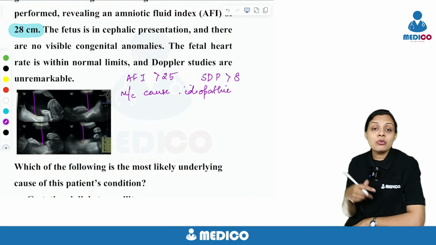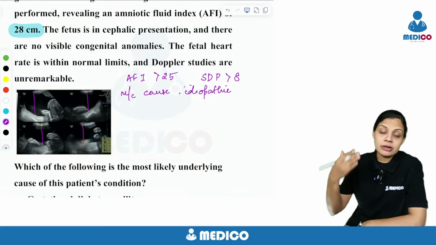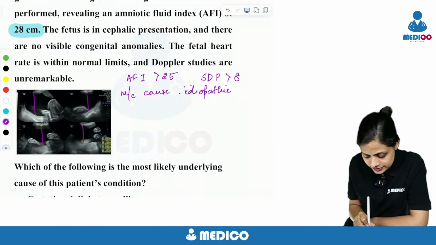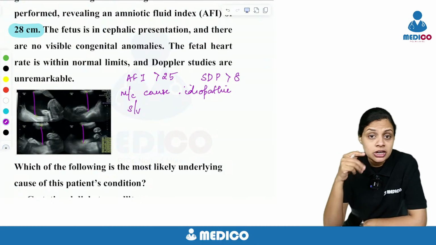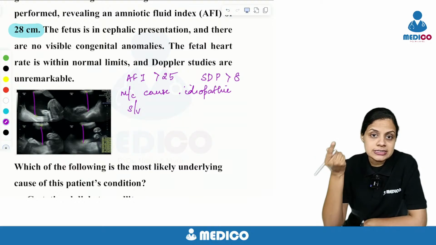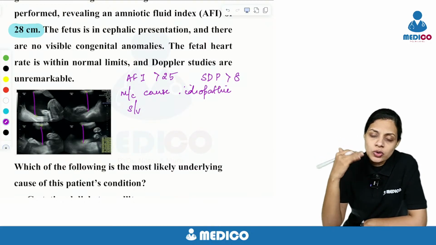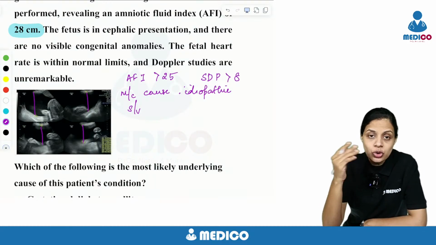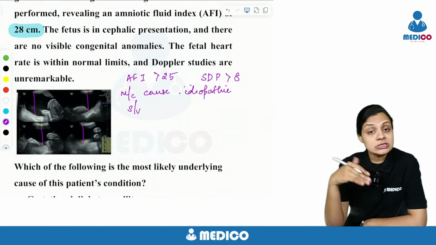If you're asked what is the most common cause of severe polyhydramnios, that is, you have got a very high AFI of 40, what you have to immediately think of is, see, how does the amniotic fluid get reabsorbed? It is by swallowing, right? So amniotic fluid is not being swallowed, it is being produced.